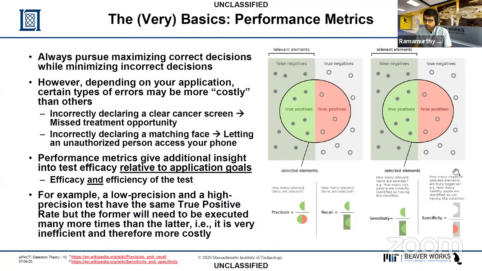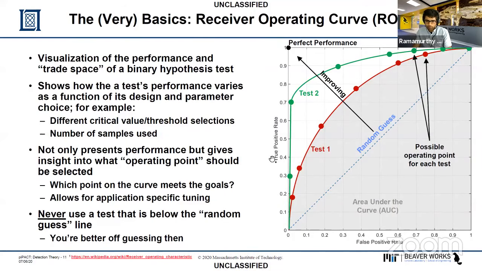Basically, to generate those curves, all you're doing is counting, of all the data you collected, what fraction is inside this section relative to everything that is here. That's what's called the true positive rate. What fraction of all the positive samples did I correctly declare as being truly positive?